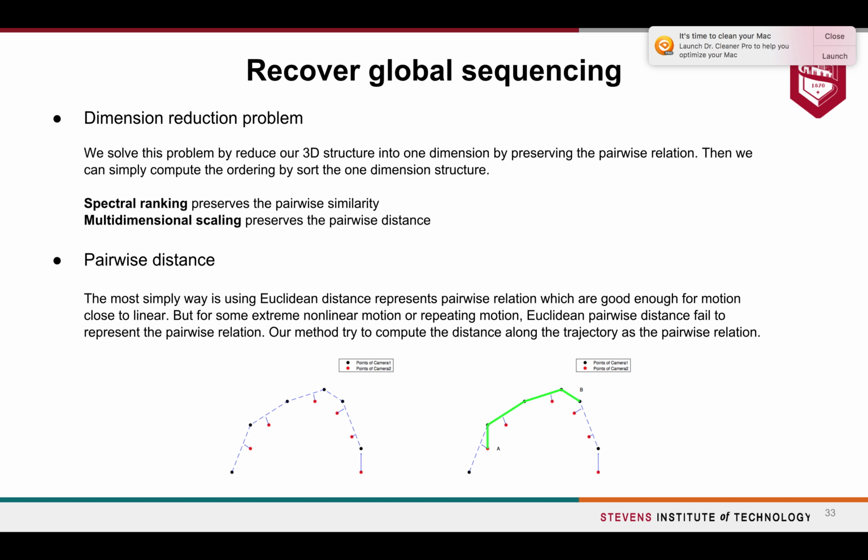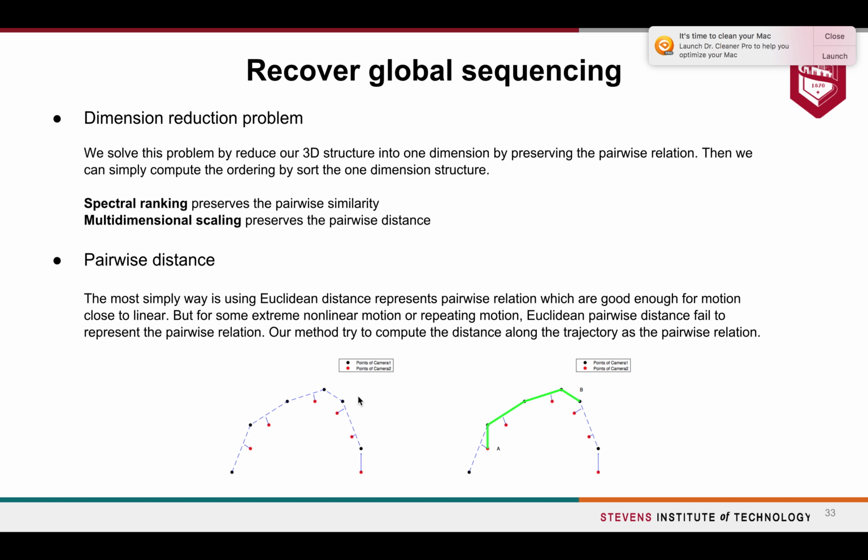But when the motion is extremely nonlinear, or the motion is repeating, the distance far away in time may actually be close in space. So we try to compute the distance along the trajectory, which will better represent this pairwise relationship.